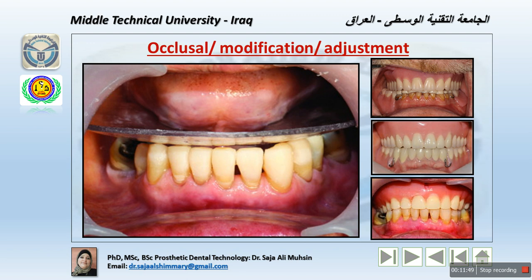Mark the area of the stone teeth that have been altered. When a favorable occlusal plane and articulation of the teeth have been achieved, the occlusal adjustments are then carried out on the natural teeth in the mouth using the marked diagnostic cast and the trial denture setup as guides.